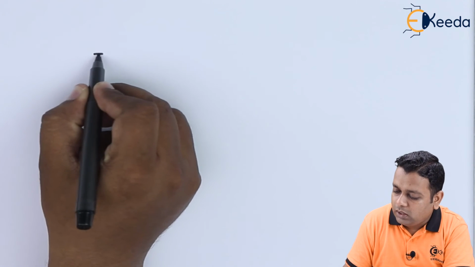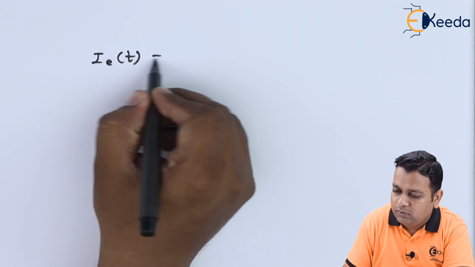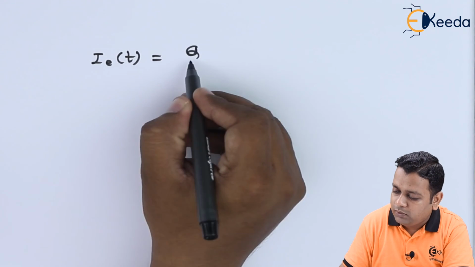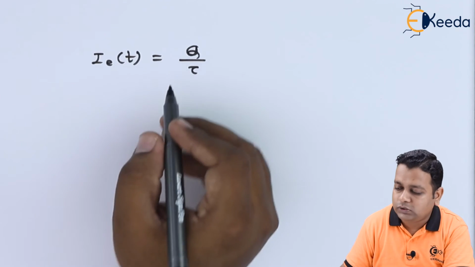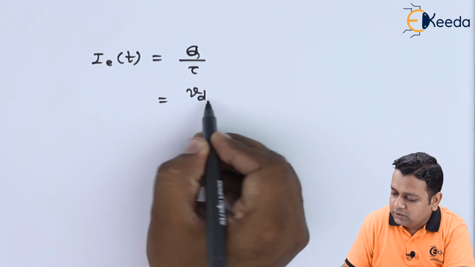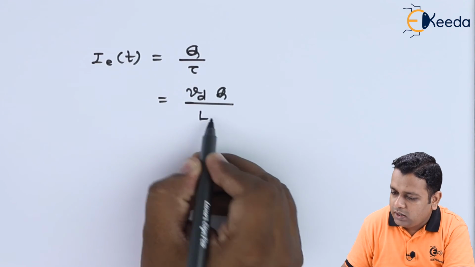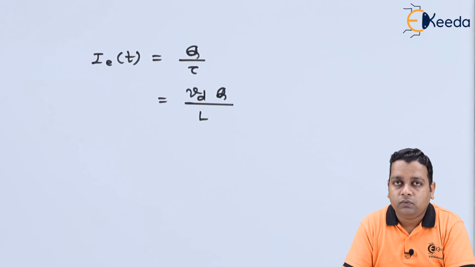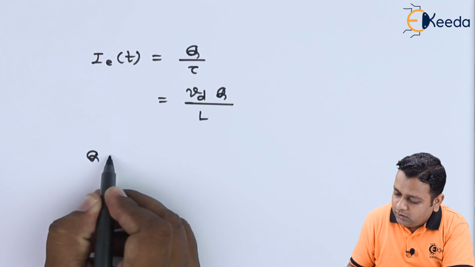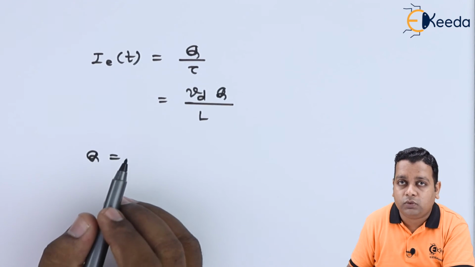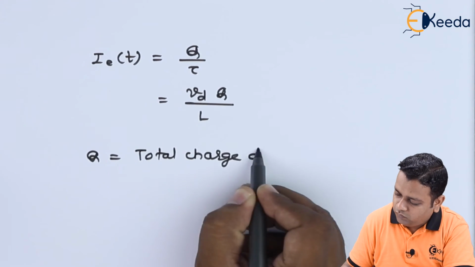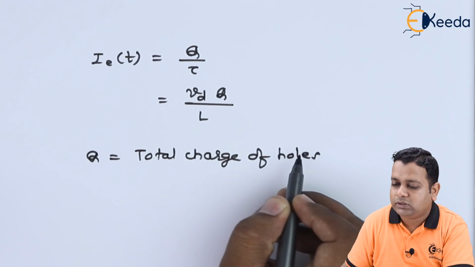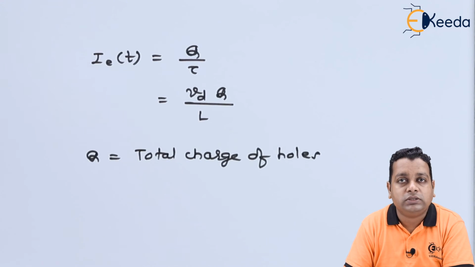Whatever the induced current in the device operation is, we can represent mathematically as capital I suffix e as a function of time t, computed as the ratio of capital Q divided by tau, or we can also express it as V suffix d multiplied by Q divided by capital L. In this equation, capital Q is the total charge of the holes that is moving throughout this drift length.